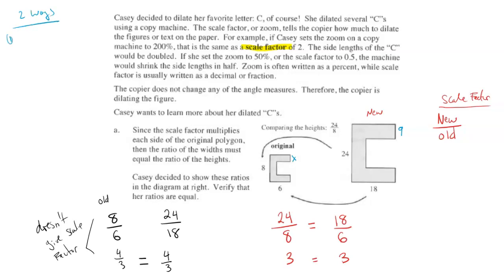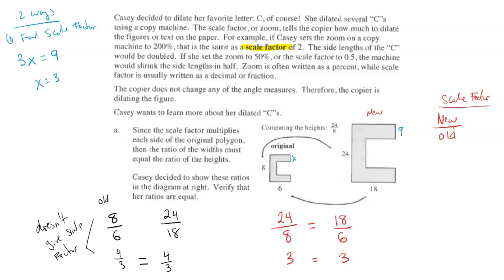I could first find my scale factor, which I already found was 3. So I take my 3, multiply it by my original side x, and make that equal to 9, which is what I want. Then I can solve for x and get x is equal to 3.